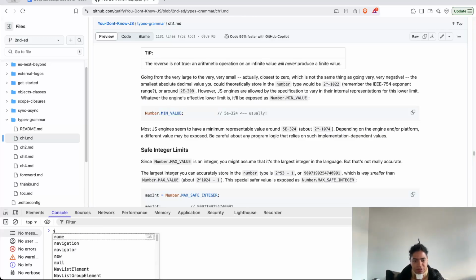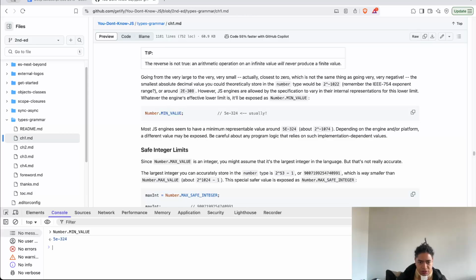Now, in this case, Number.MIN_VALUE is the lower limit based on the JavaScript engine implementation here. Usually this. So in other words, this is the negative portion that you can represent here.